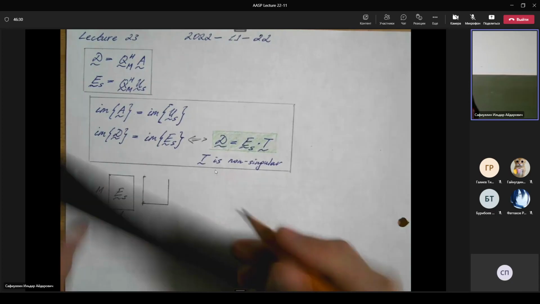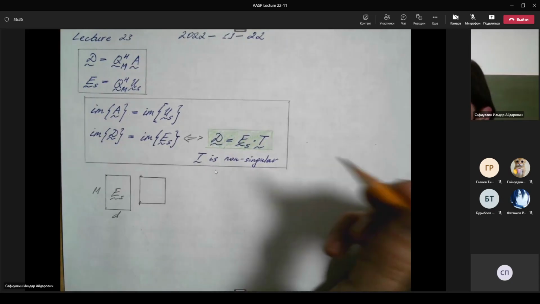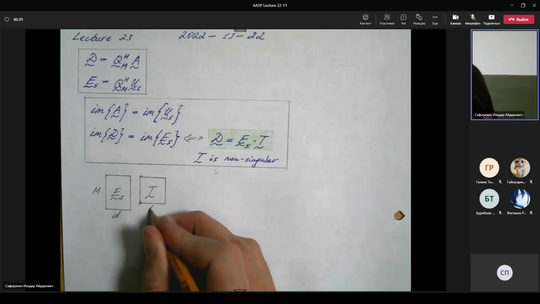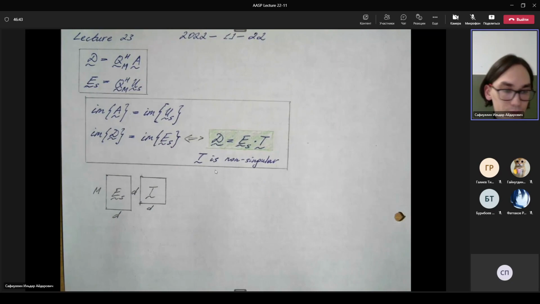So this matrix T is a square matrix in this case. This one is matrix T of size D times D.